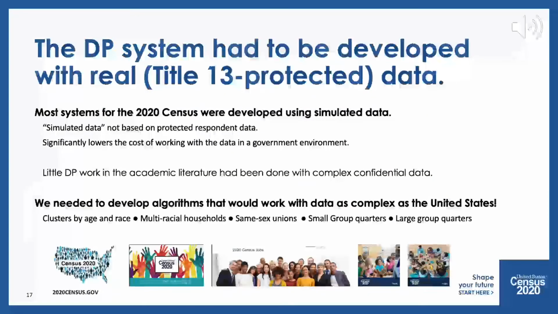Another challenge that we faced was that our differential privacy system had to be developed with real Title 13 protected data. Most of the systems for the 2020 census were developed using simulated data. And simulated data, by that we mean not based on protected respondent data. So the problem is that little work in the academic literature had been done using differential privacy to protect complex confidential data.